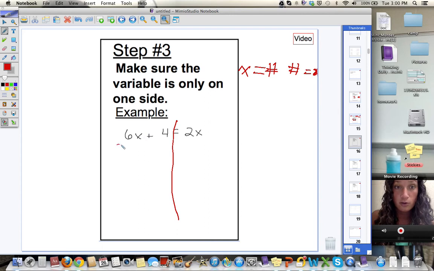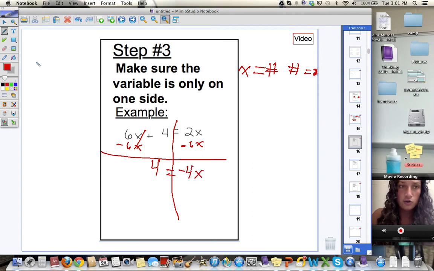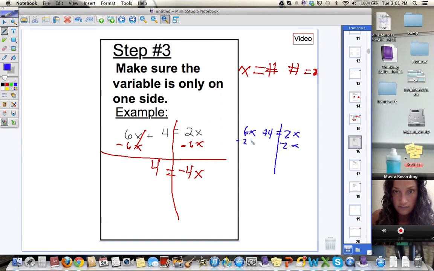So I'm going to minus 6x from both sides. This was a positive, so I do the opposite, I minus. Then I'm left with 4 equals 2 minus 6, which is negative 4x. Let me show you what it would look like if you had moved the 2x. If we did 6x plus 4 equals 2x, and you move this 2x, it's a positive, so we subtract, we do the opposite.